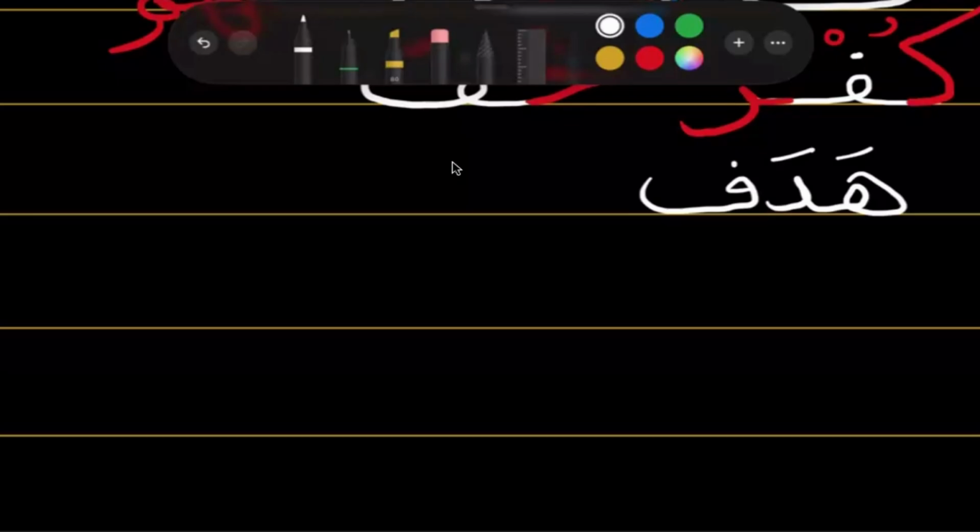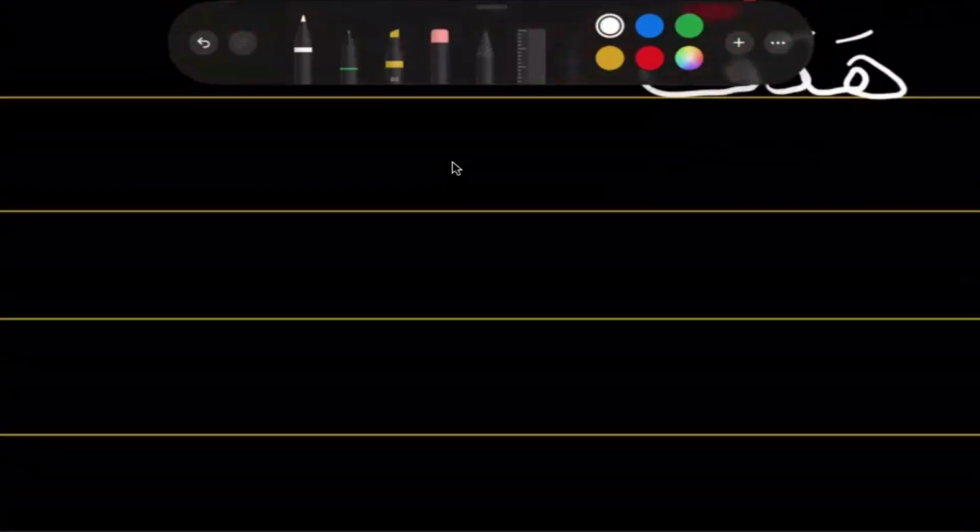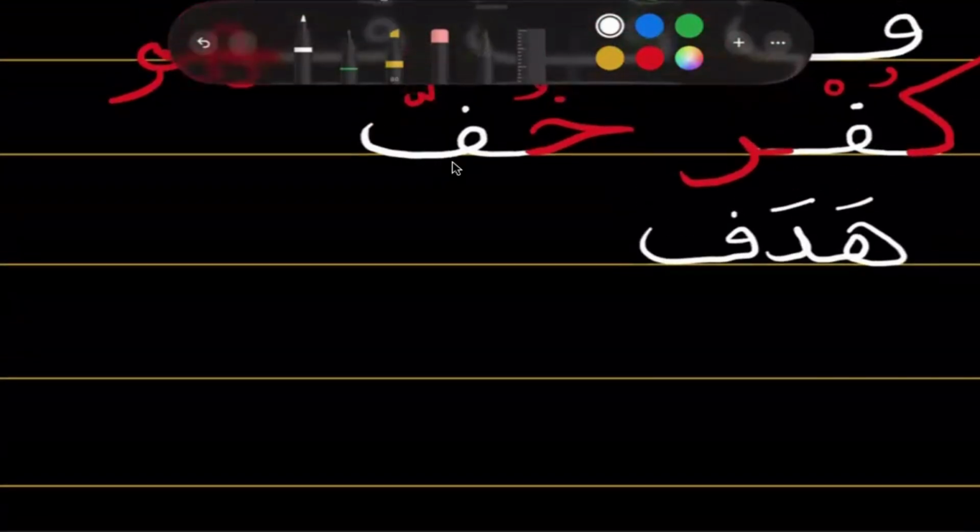Next letter is qaf. How's qaf in its original form? So it starts off like fa, but goes under the line like a nun, and it has two dots. And like fa, in the beginning, it's going to keep its neck.